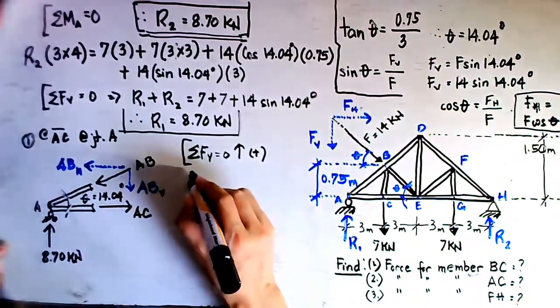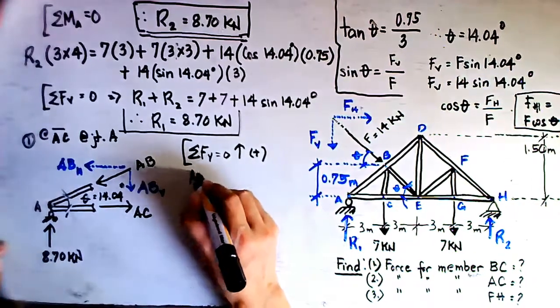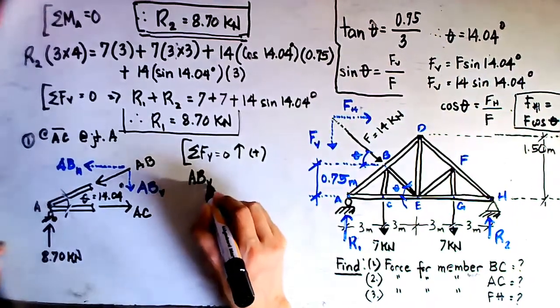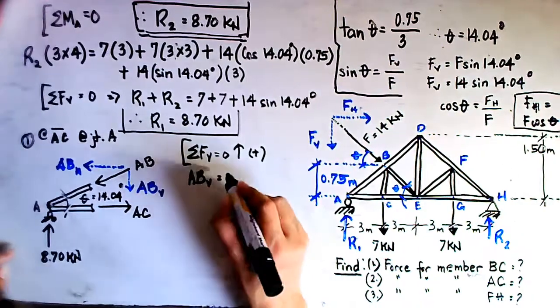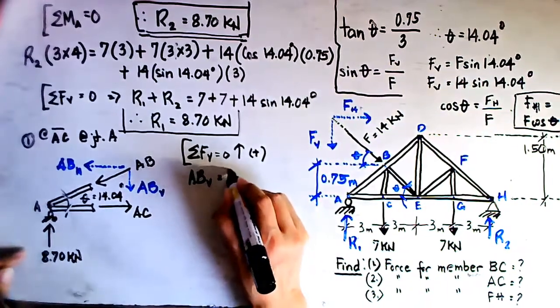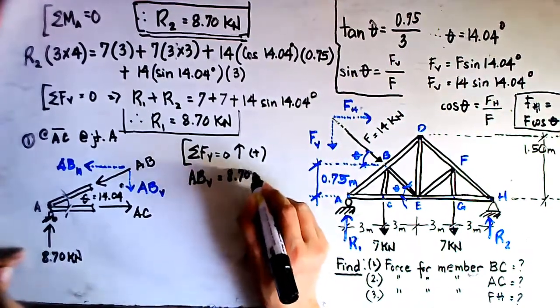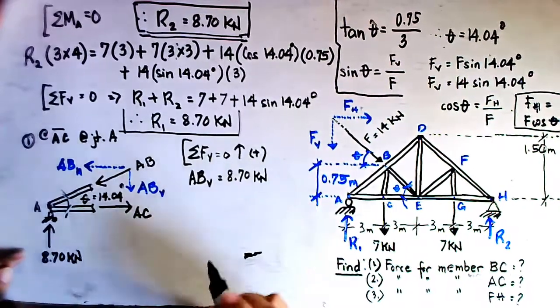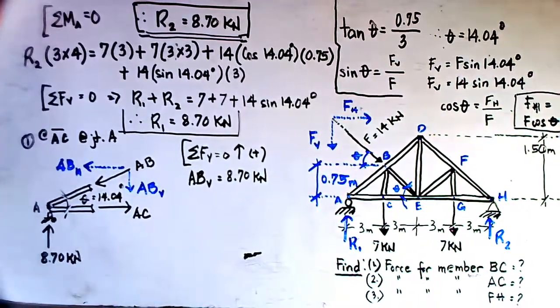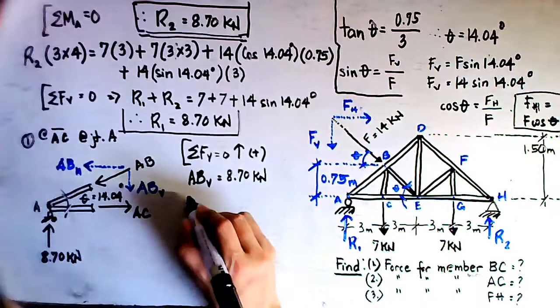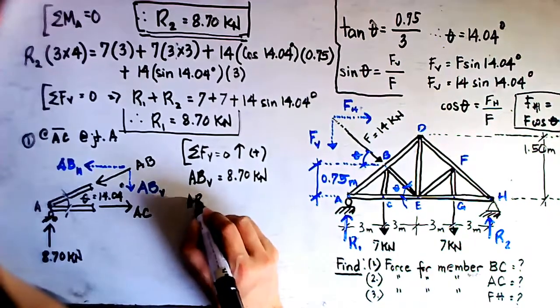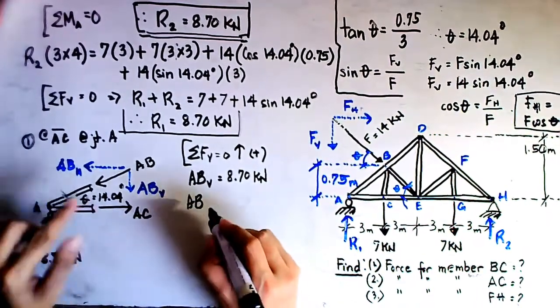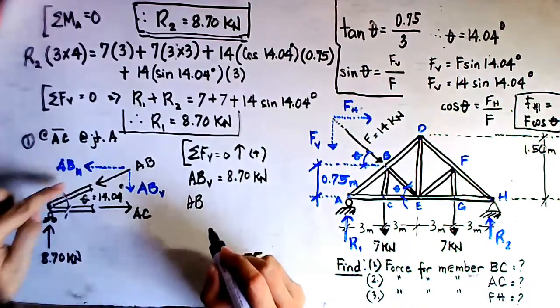So we will have AB vertical component equals 8.7 kilonewton. Take note that for the vertical component, that will be AB multiplied by sine, opposite over hypotenuse.